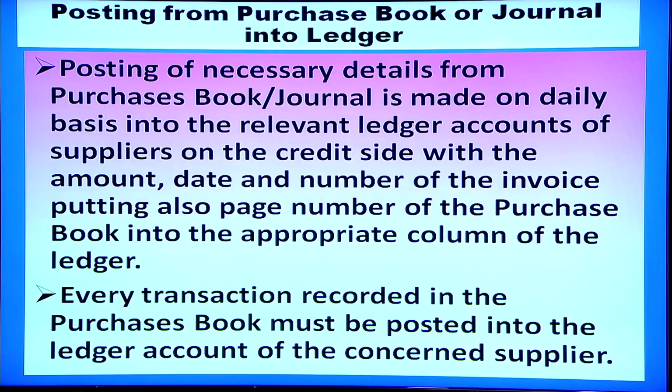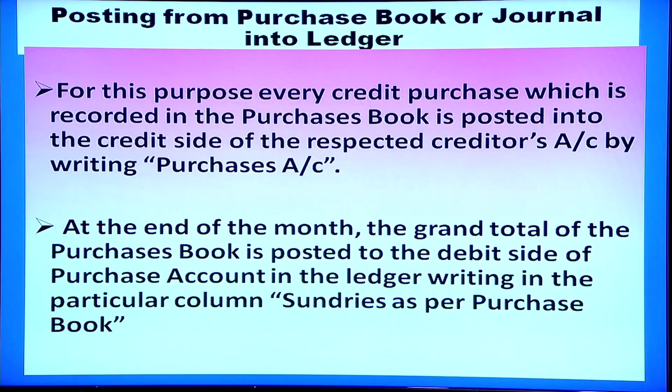Then coming to posting. From the purchases book, it is posted to respective accounts. Every transaction recorded in the purchases book must be posted to the ledger account of the concerned supplier. And for this purpose, every credit purchase which is recorded in the purchases book is posted into the credit side of the creditor's account.